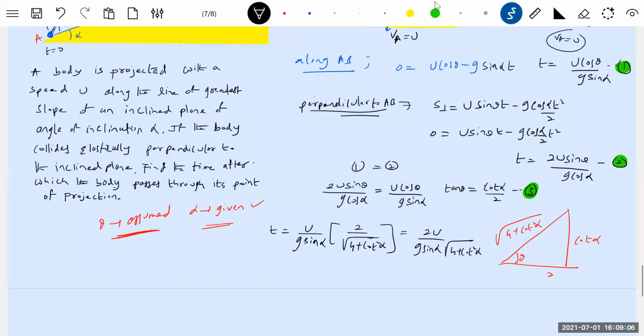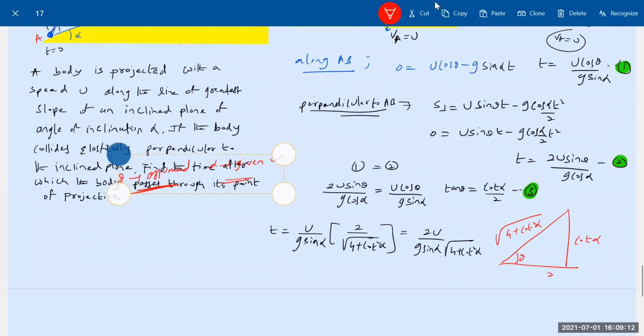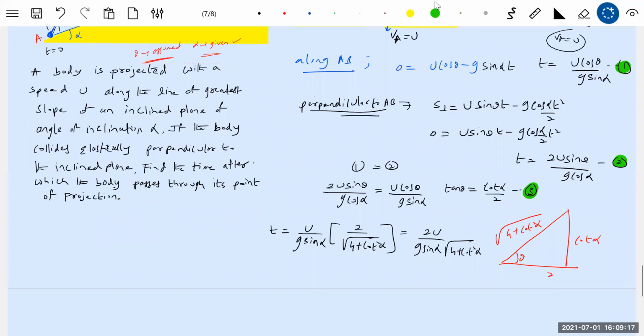So this will cancel out. So the final equation will be, I'll try to bring it here. I need a lot of space, no?